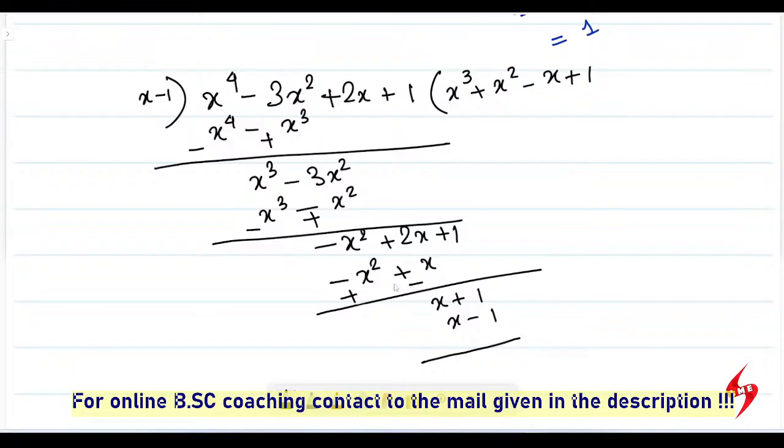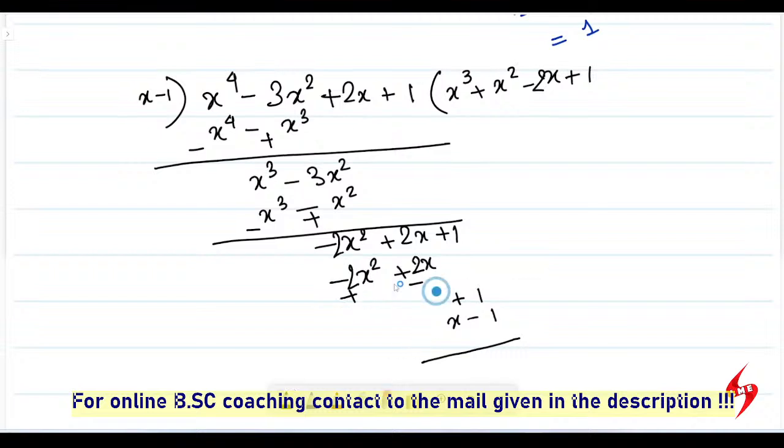Sorry, there is some mistake there. That will be minus 2x square plus 2x.